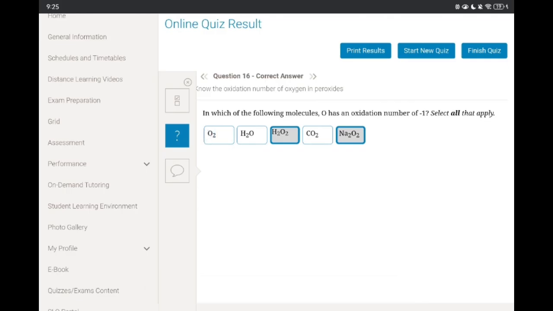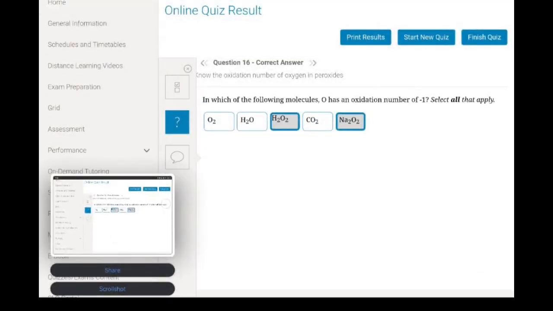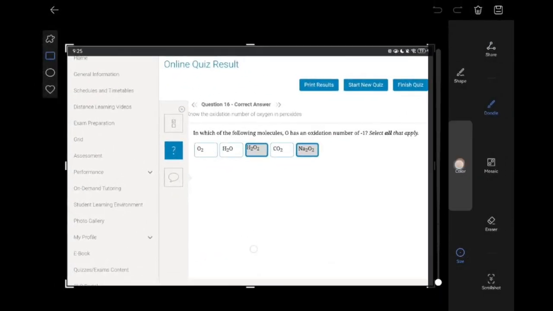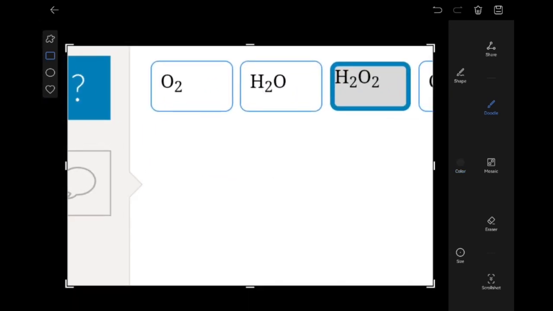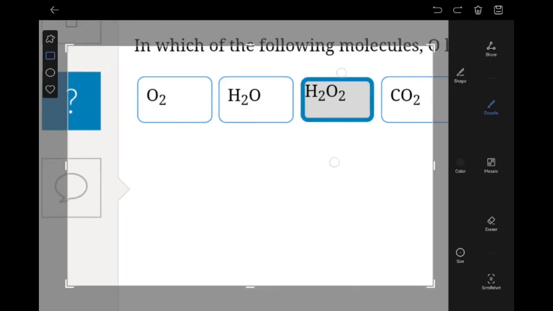Here -2 already makes sense because you have +1, and it's two of them, so 2 plus x equals 0. X should be -2. Peroxide is an exception. It's -1.